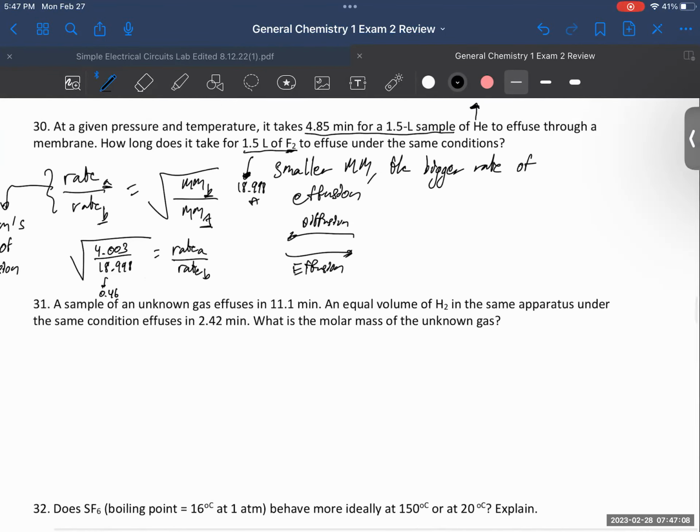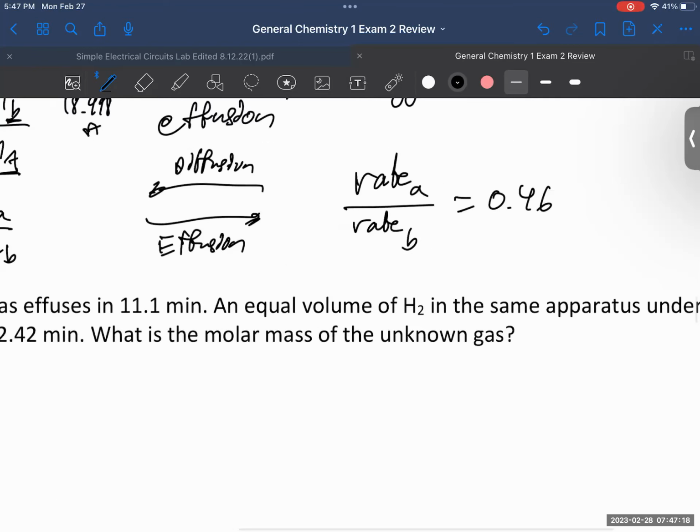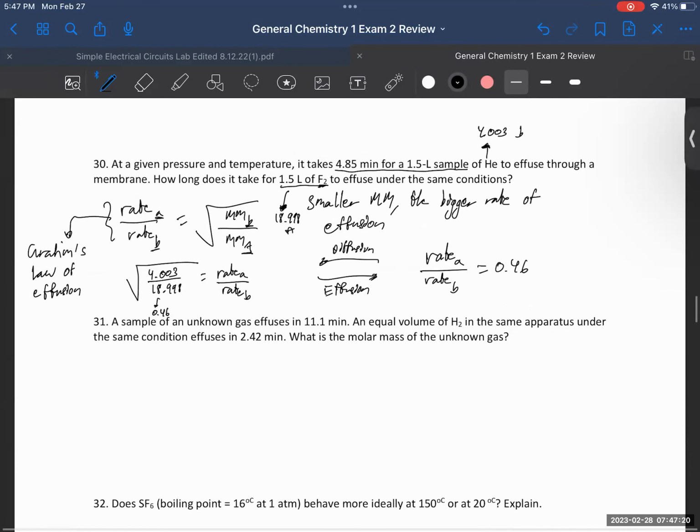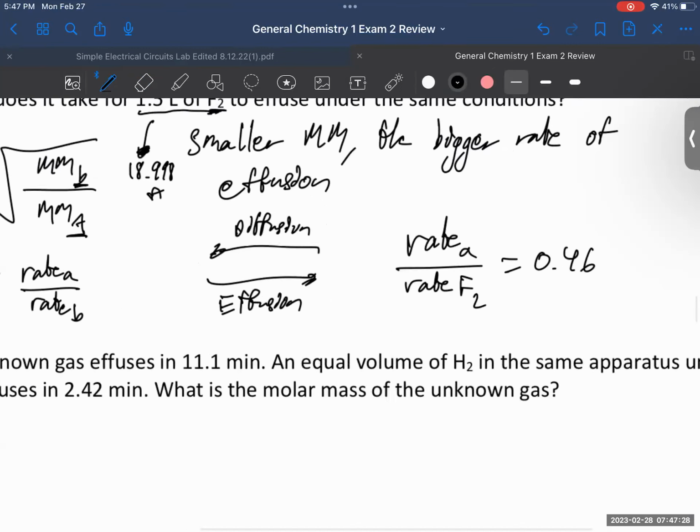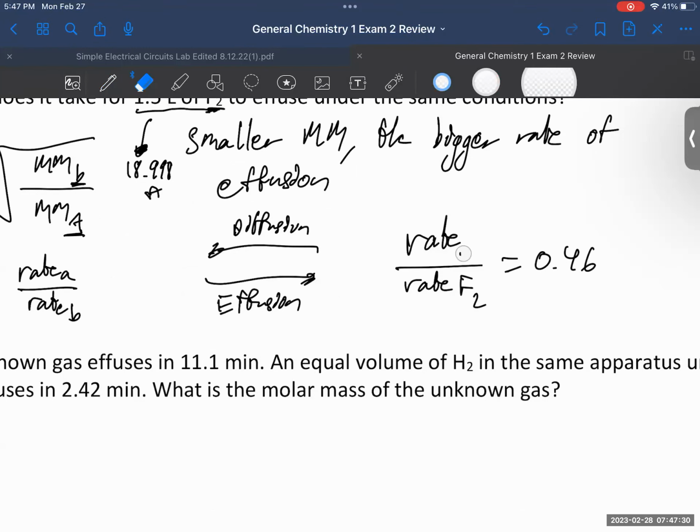So the rate of diffusion of A over the rate of B equals 0.46. And notice here, right? All right, what did I call B and A again? I called B for fluorine. So this is rate of F2, and helium, this is rate helium.